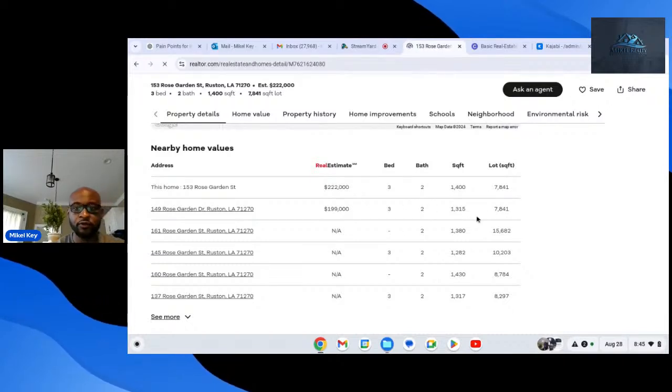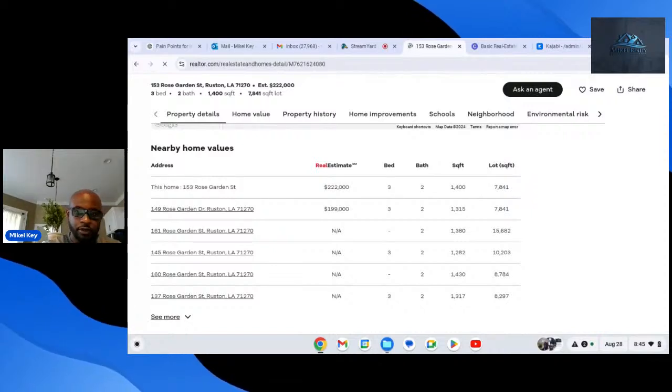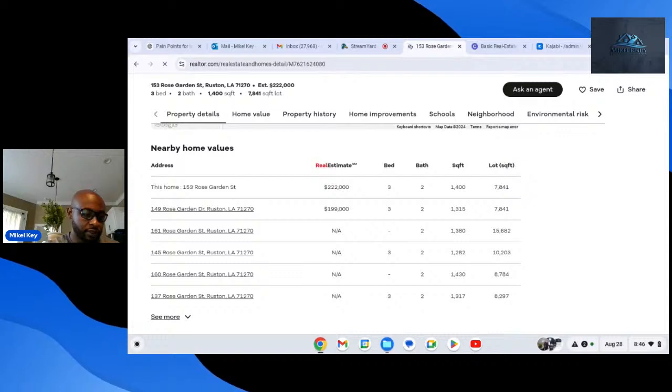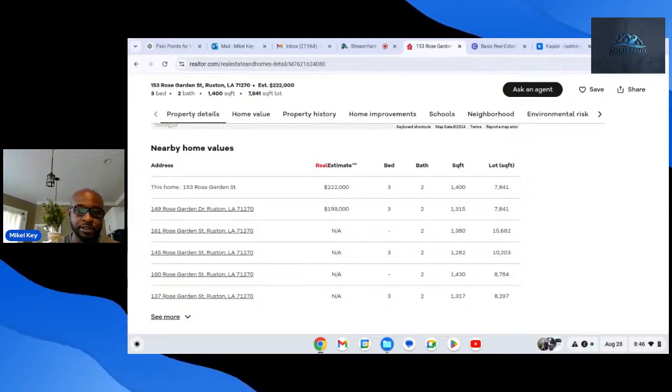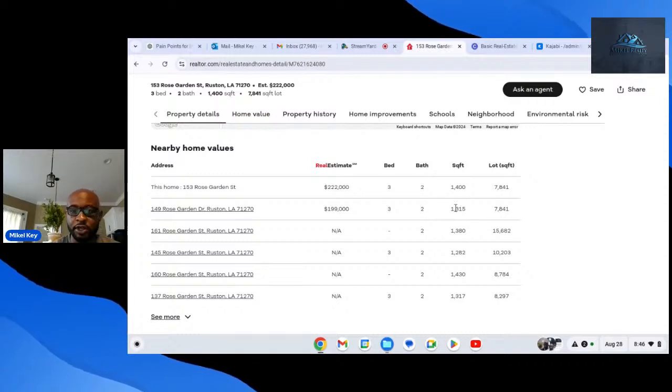If we do some basic math, 199,000 divided by 1,315 is $151 a foot. I want you to understand how I came up with that: I took 199,000 and divided it by the 1,315 square footage number, and that gave me $151 a foot.